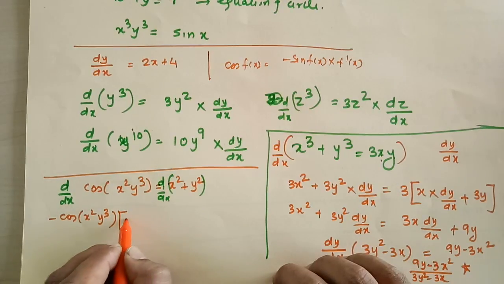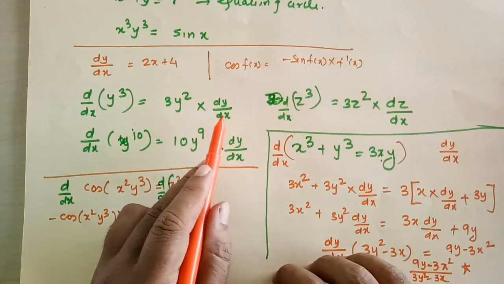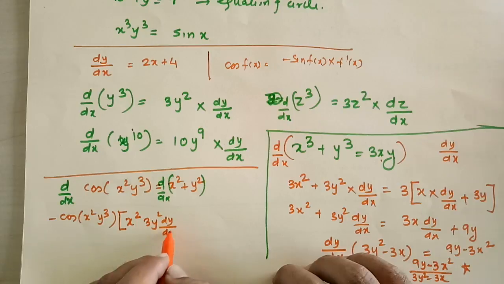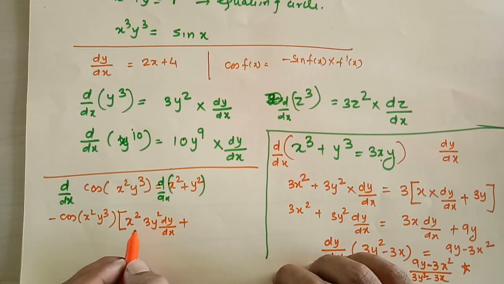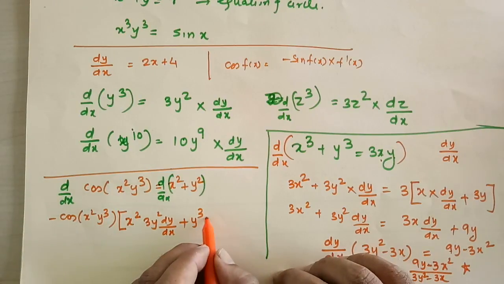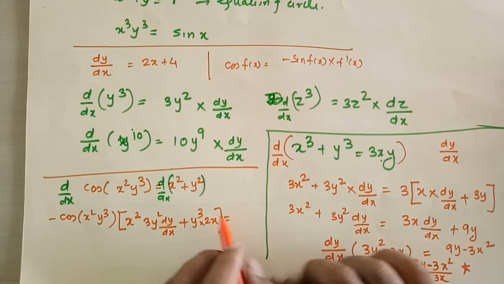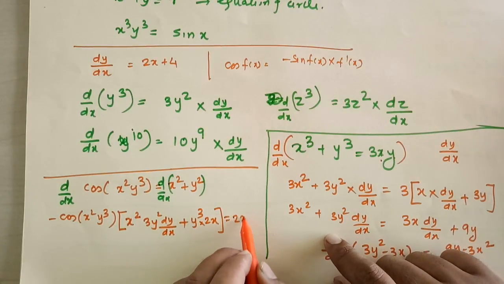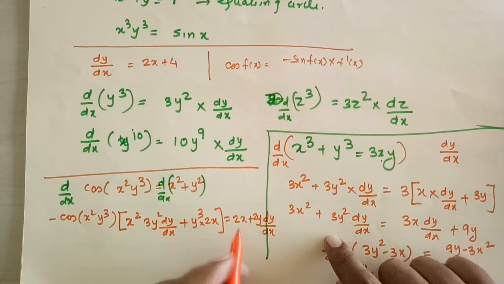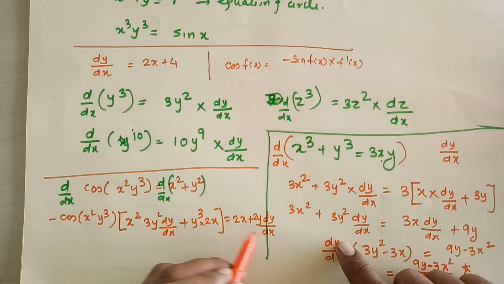So it's going to be x squared as it is into the derivative of y cube, which is 3y squared dy by dx, plus y cube as it is into the derivative of x squared, which is 2x. So we have got the left hand side, and the right hand side is going to be 2x plus 2y dy by dx. Alright, so just don't ignore the multiplication with dy by dx, otherwise it's going to go wrong.